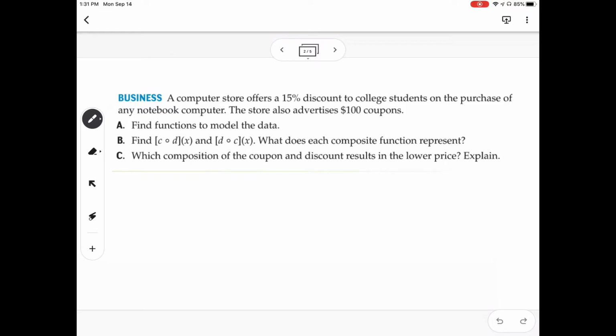All right, so part A, we're going to find functions. For part A, we're going to write one function for each thing that happens. So an f and a g. f of x will be the 15% discount. If I take 15% off of something, that means it's going down.